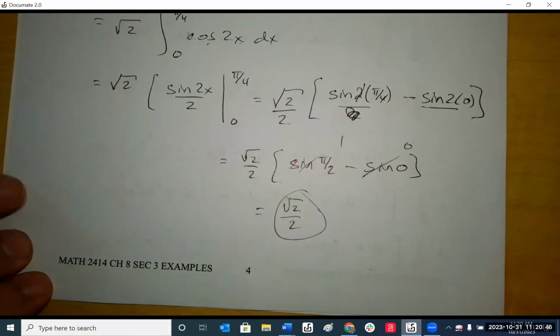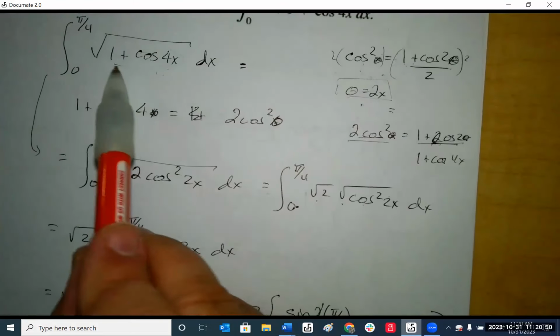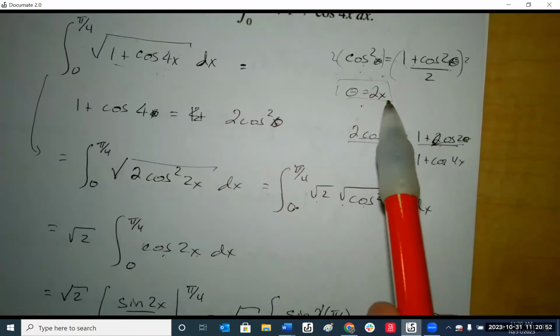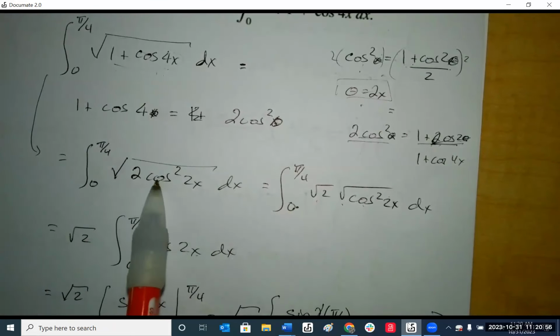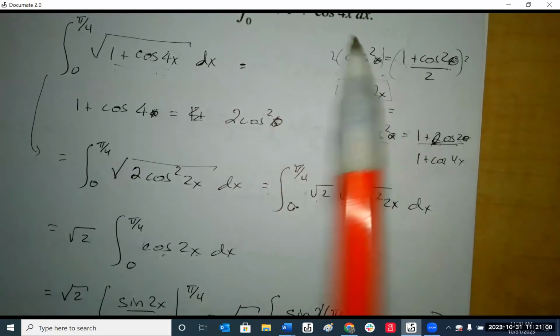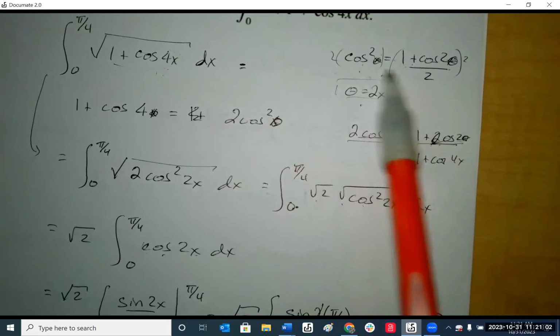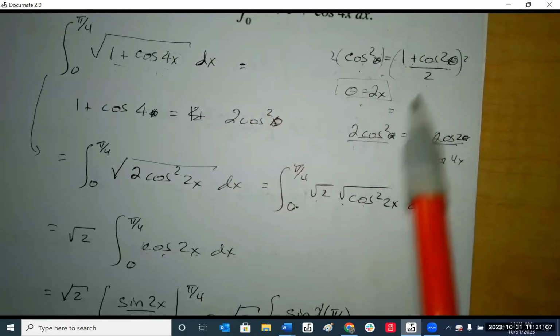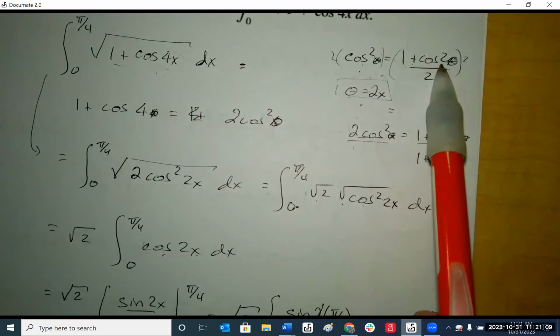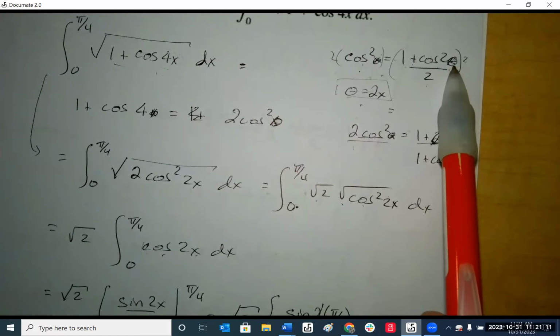Yeah, the hardest part in this one is I got stuck on the very top. How can we rewrite this with one of the identities we know so that this will become a squared term? So we have to eliminate the square. So cosine squared x is this identity. If we multiply by 2, we have 1 plus cosine 2 theta.